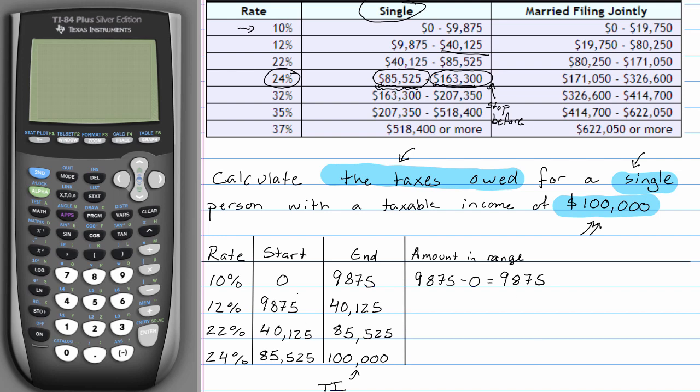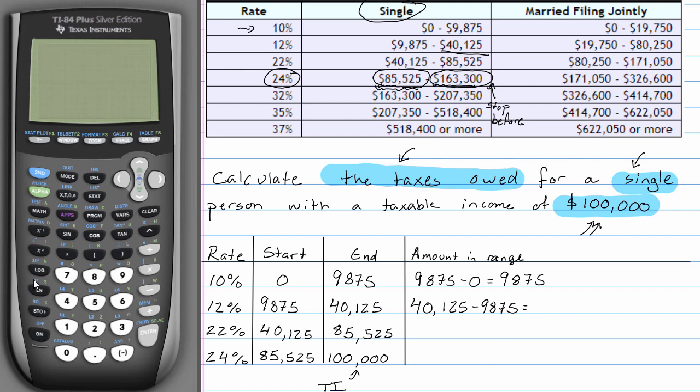This person then, they've earned $9,875, and then they earn more money until they've earned $40,125. How much money does it take them to get up to $40,125? Well, 40,125 minus 9,875. I can't do that one in my head.